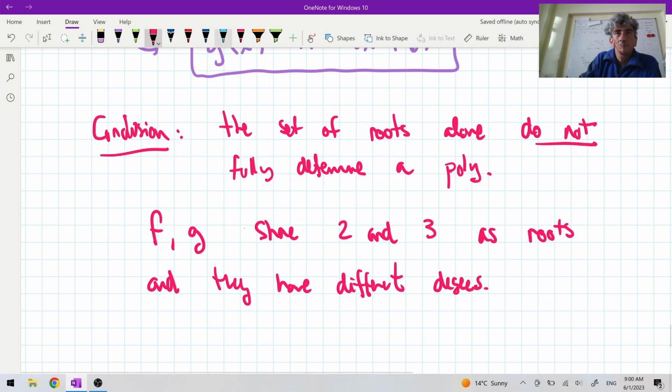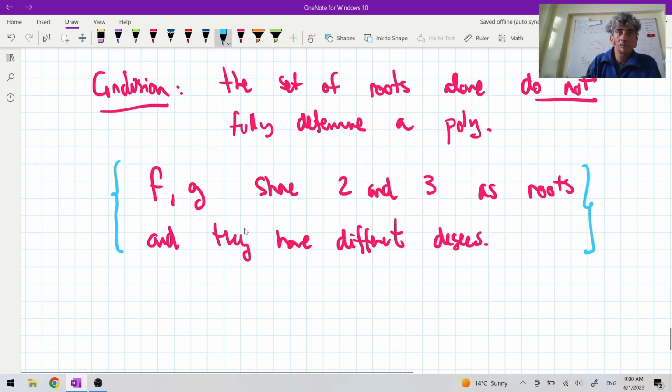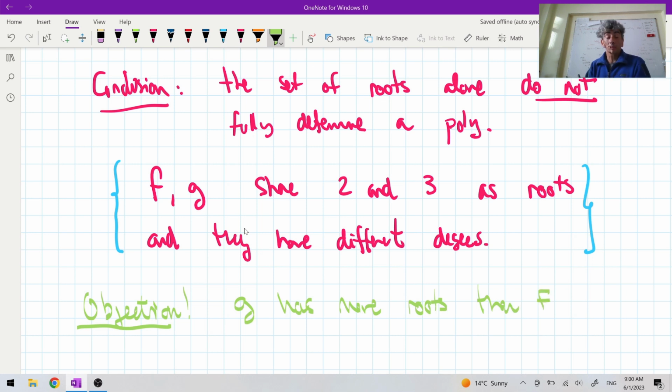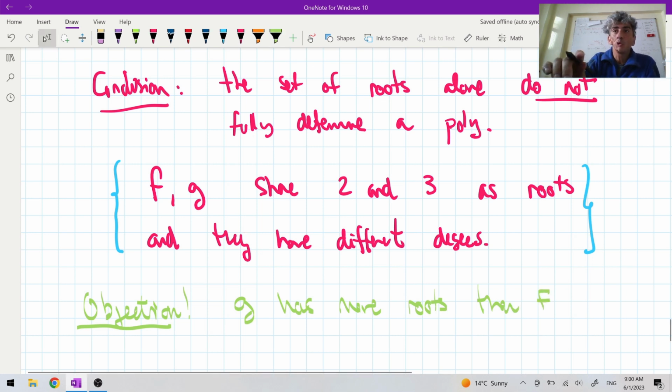Okay, so there are two polynomials that have 2 and 3 as roots and different degrees, but you could object. You could say, objection: g has more roots than f, because g has 0 as an extra root.